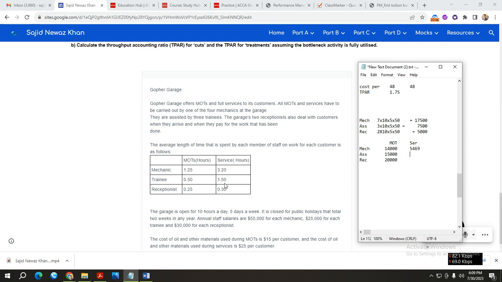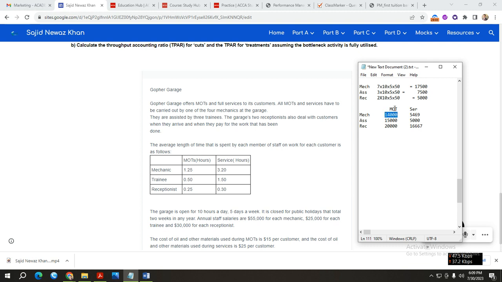So he can service 5,000 people. And for the receptionist, there's 5,000 hours available, and it takes 0.3, so he can service 16,667 people.